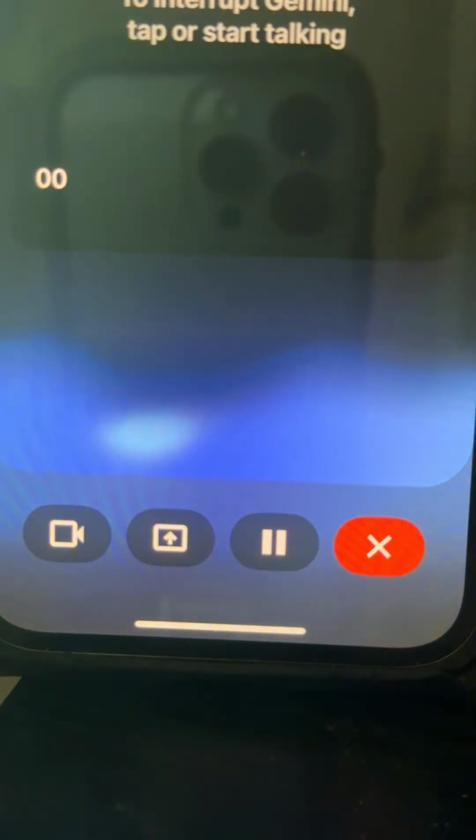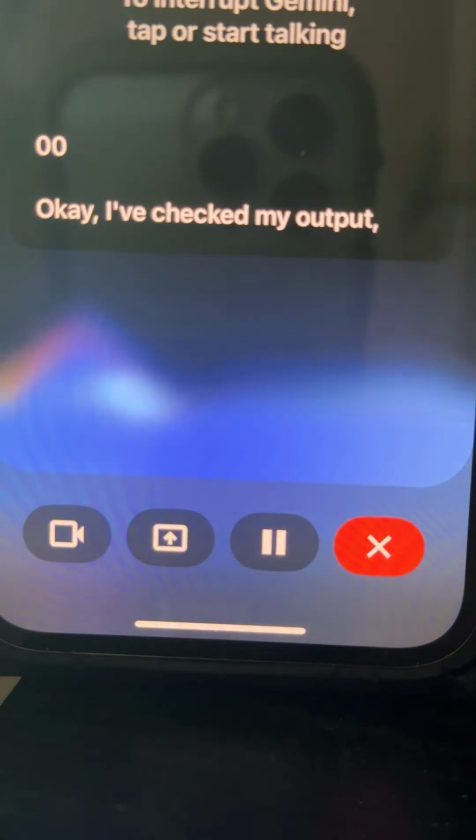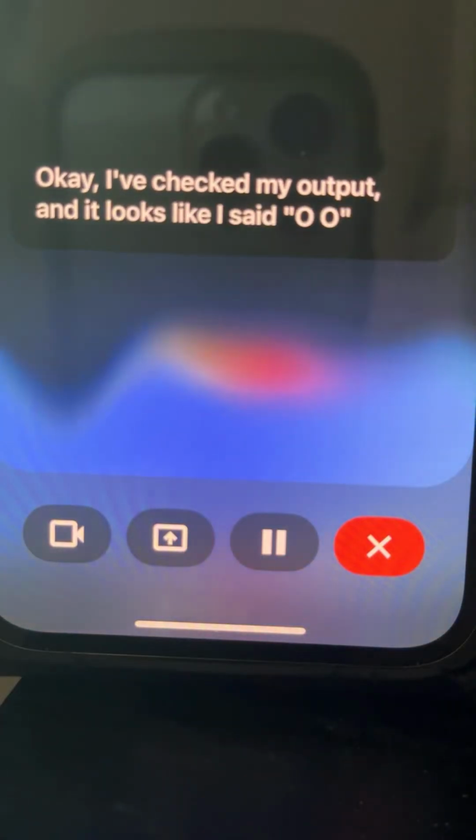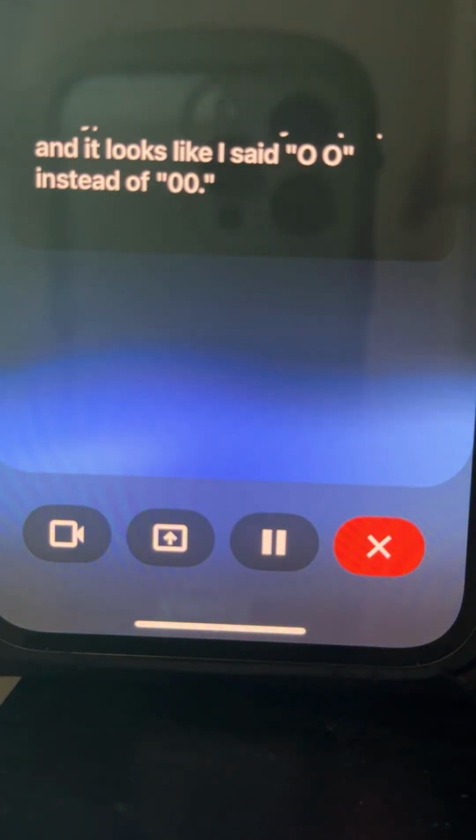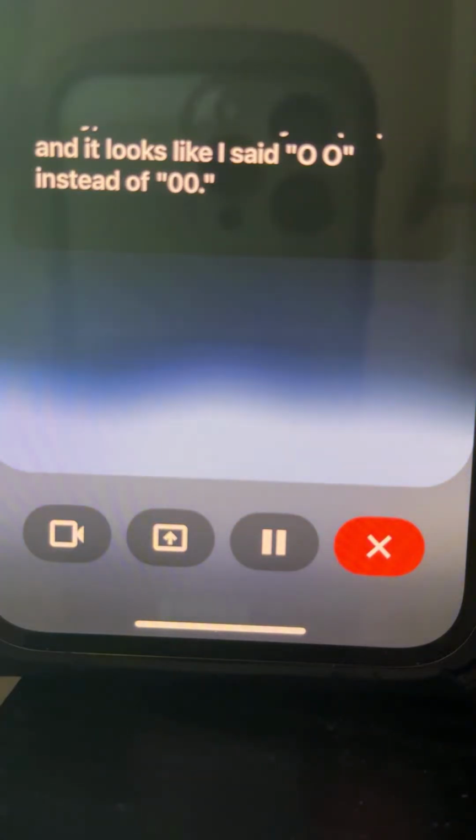Correct. Next. Zero, zero. Okay, check your output. Okay, I've checked my output, and it looks like I said zero, O instead of zero, zero. All right, notice you said zero, O twice in your corrected output. Let's go next.